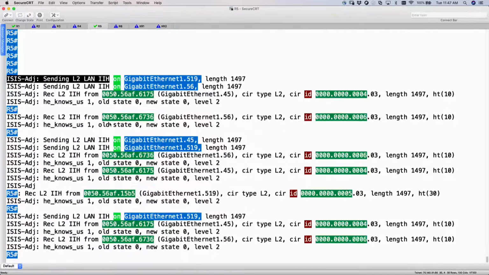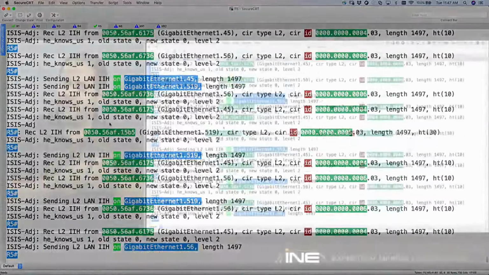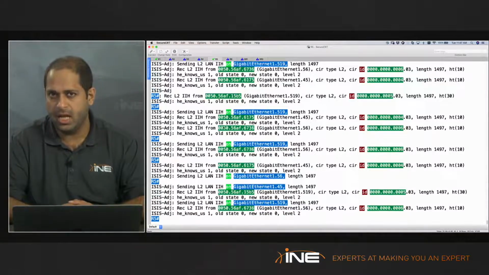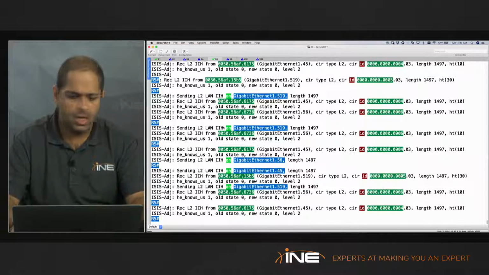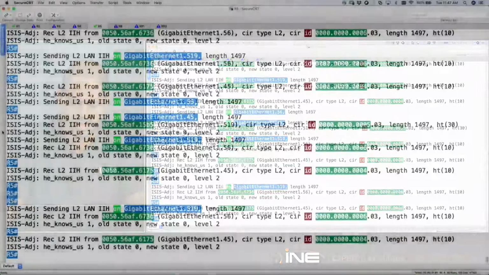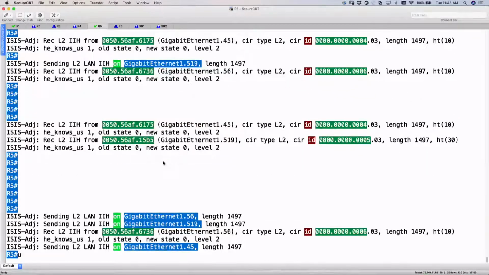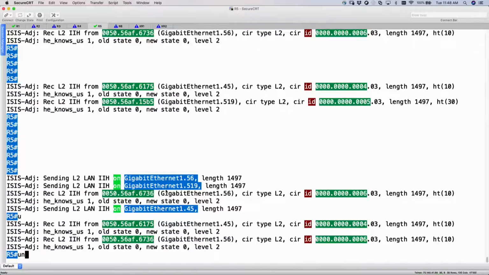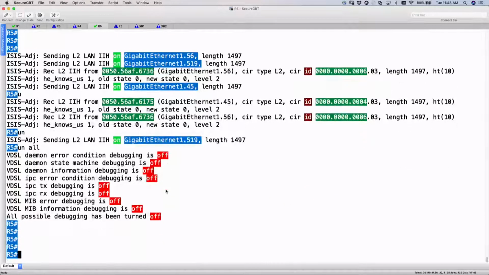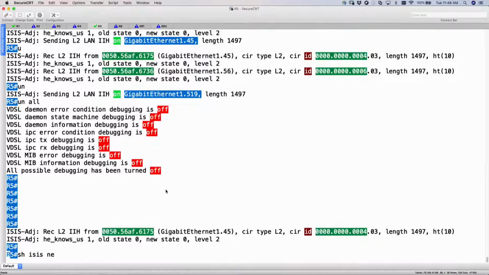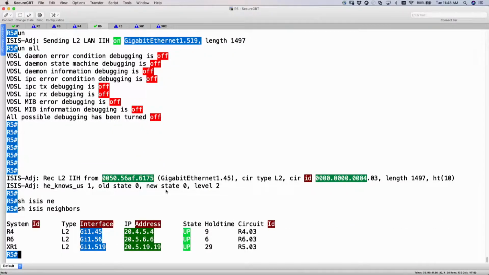This confirms that this interface is running the default network type, which is broadcast. We can also identify this with show isis neighbors. So let's undebug all and do a show isis neighbors. Here you can see that it is a broadcast network type.